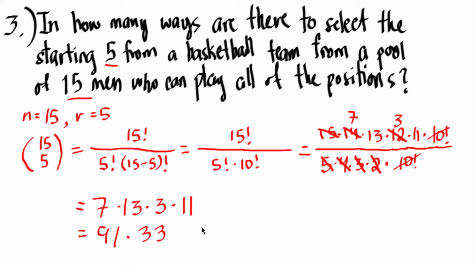So 91 times 33, what is that? You know Vedic maths, I want to teach you that. So 9 times 3 is 27.